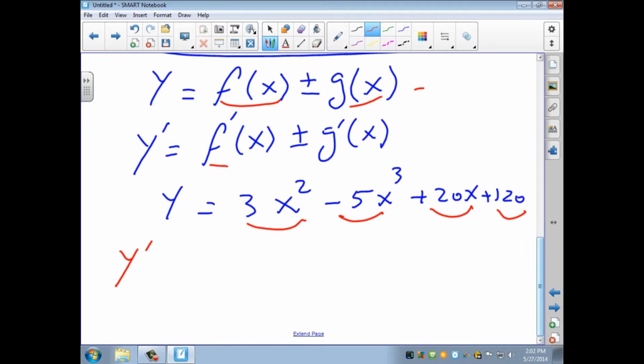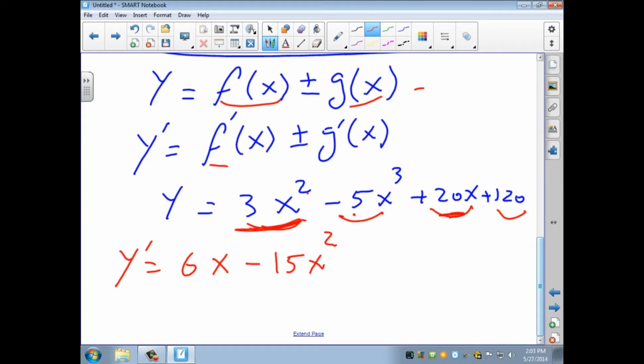So y prime would be equal to, first the derivative of this based on the previous rule would be 6x, you subtract 1 from the power would be 1, minus 3 times 5 is 15x to the second.